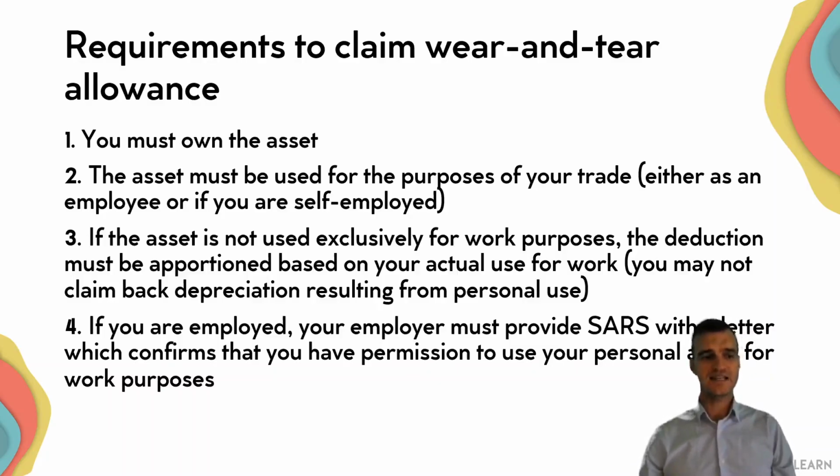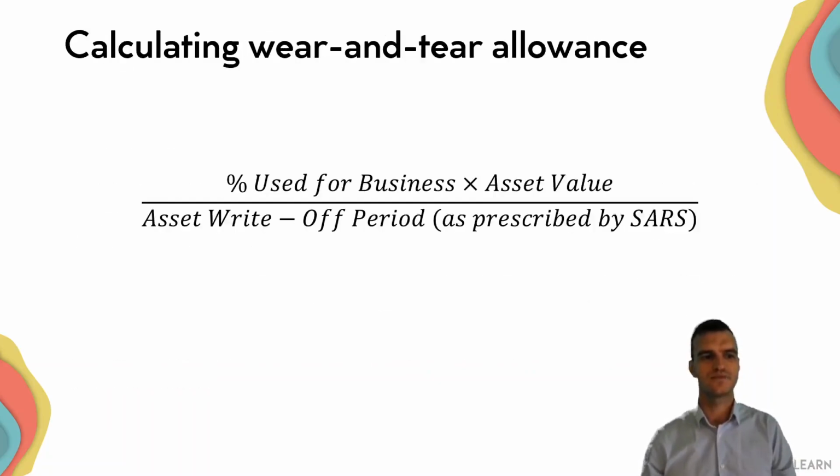And if the asset is not only used for work, then you can only claim back a deduction in proportion to the amount that you use that asset for work. And lastly, if you are employed, your employer must provide SARS with a letter confirming that you do use the personal asset for work purposes and that they authorize you to do so.